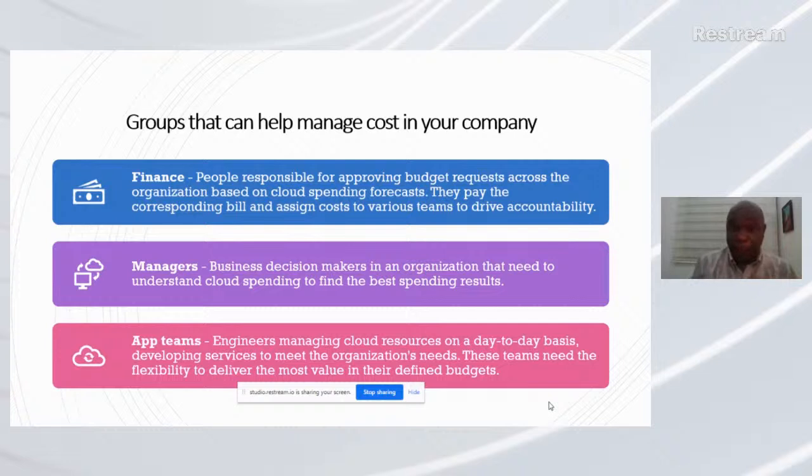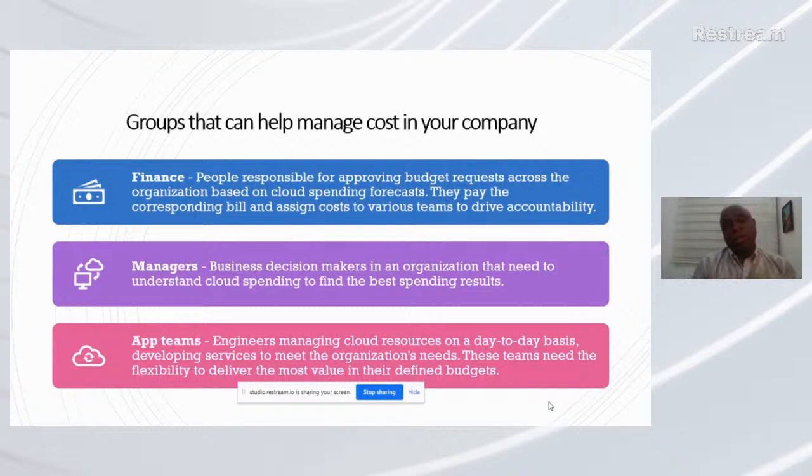The finance people, at the beginning of every year, make a budget in collaboration with the departments. Finance is responsible for approving your budget requests across the organization based on your cloud forecasts.